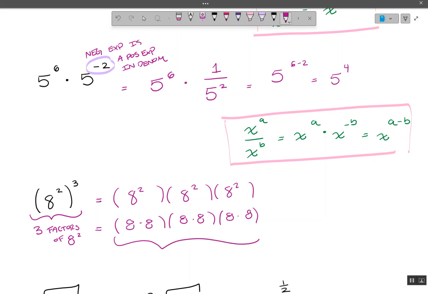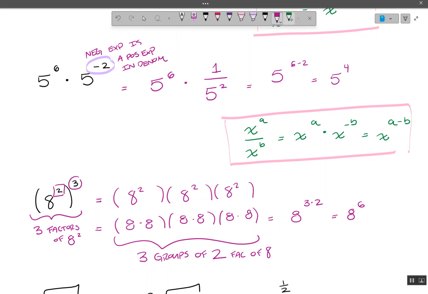So what I'm looking at is 3 groups of 2 factors of 8. So 3 groups of 2. Oh, that's 3 groups of 2. I multiply. So for a power of a power, we multiply.